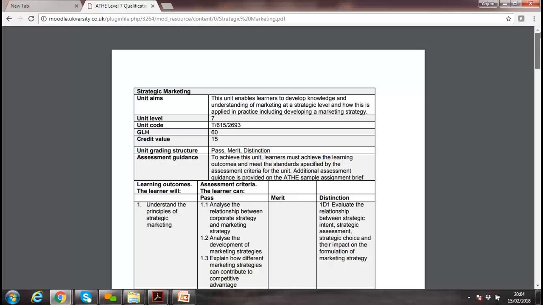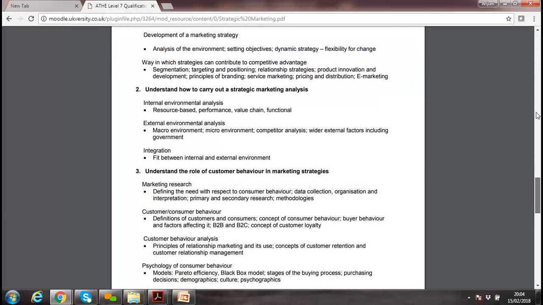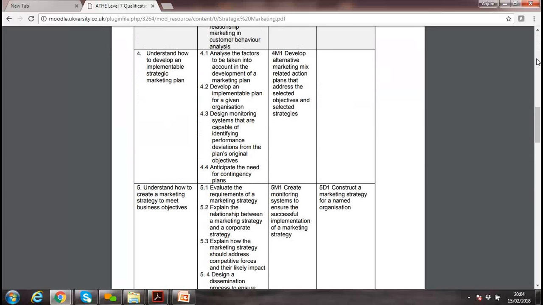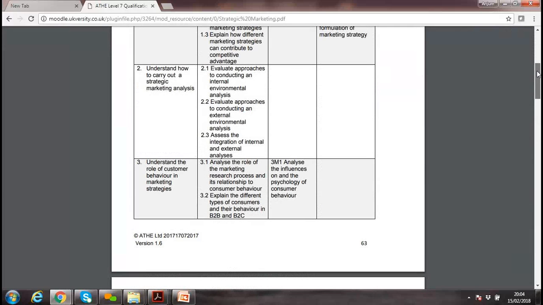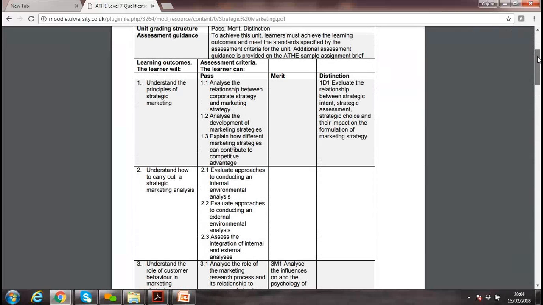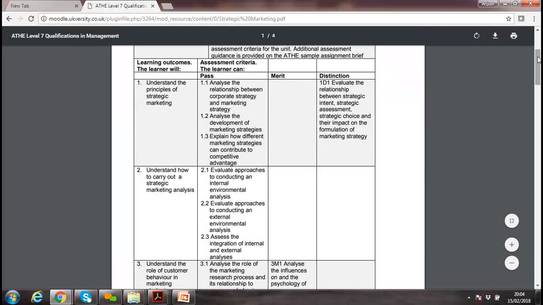To get higher grades, you can add examples, like discussing the strategies of any particular company, maybe Pepsi, Coke, various banks, or even your own experience. And when I send you the assignment, you will see what a level 7 assignment looks like.